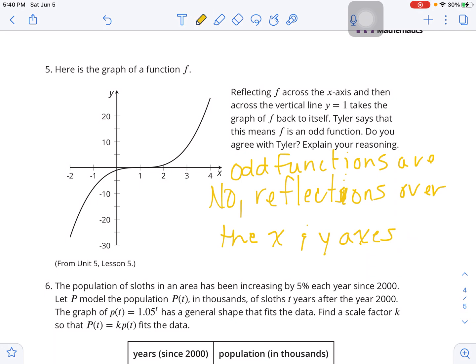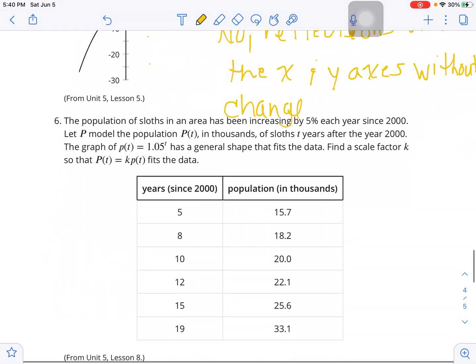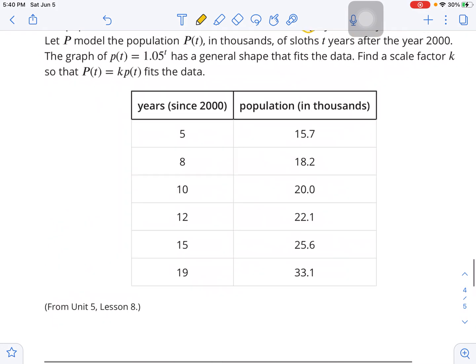So they don't change if you reflect them over the x and then the y axis. But this one you can't use the vertical line x equal to 1.